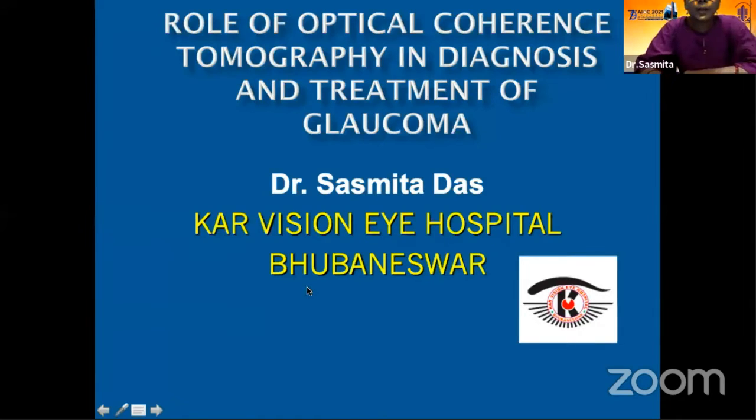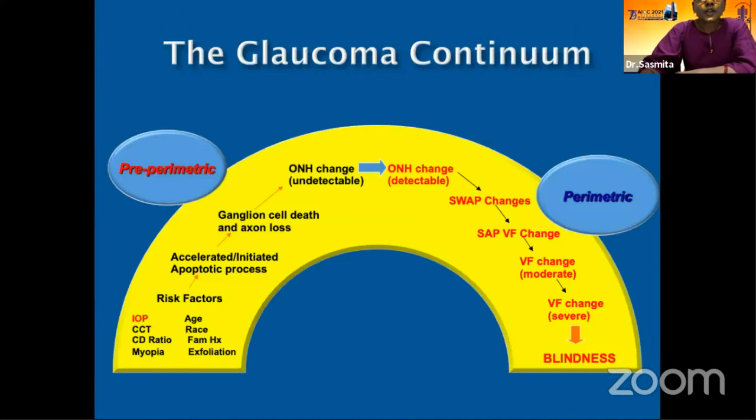I will be talking about the role of OCT in diagnosis and treatment of glaucoma. As we know, glaucoma is a neurodegenerative disease which has several risk factors of raised IOP with raised CD ratio, increasing age, family history, and all leads to the apoptotic process and finally ganglion cell death and axonal loss.